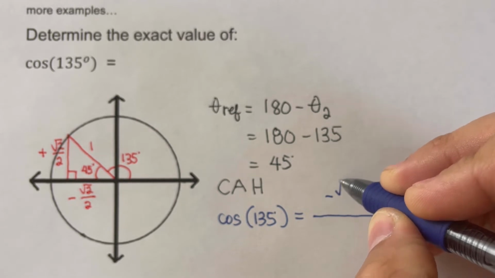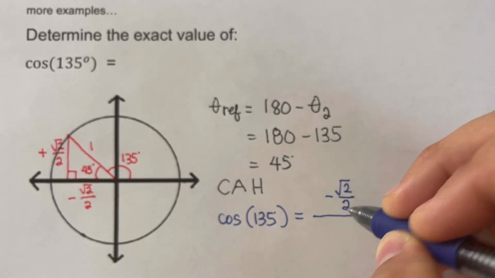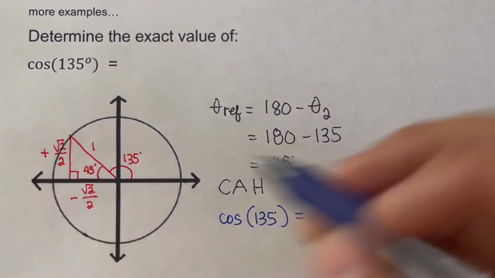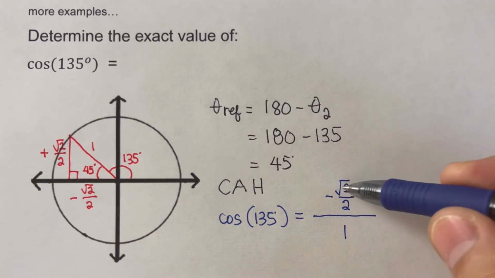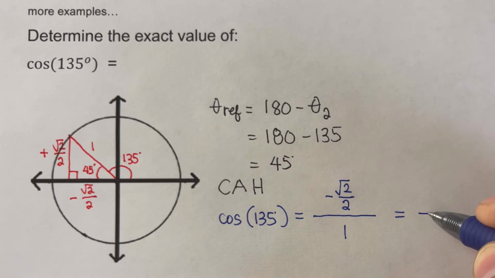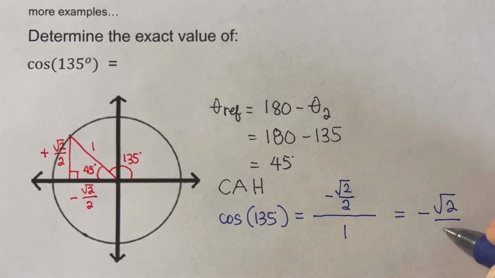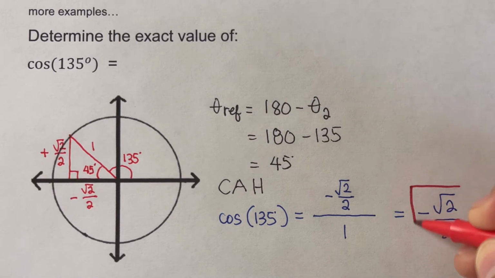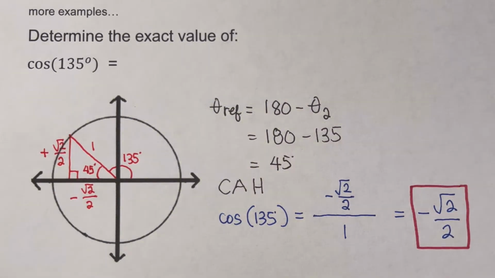So negative square root of 2 over 2 over the hypotenuse, which is 1. So negative square root of 2 over 2 divided by 1 is just negative square root of 2 over 2. So this is the exact value for cosine 135. So I'm just going to write that up here.